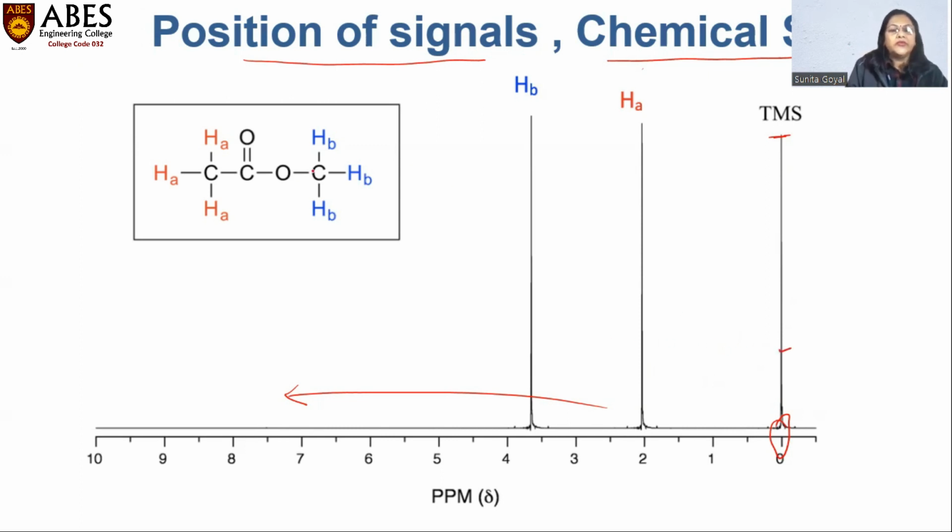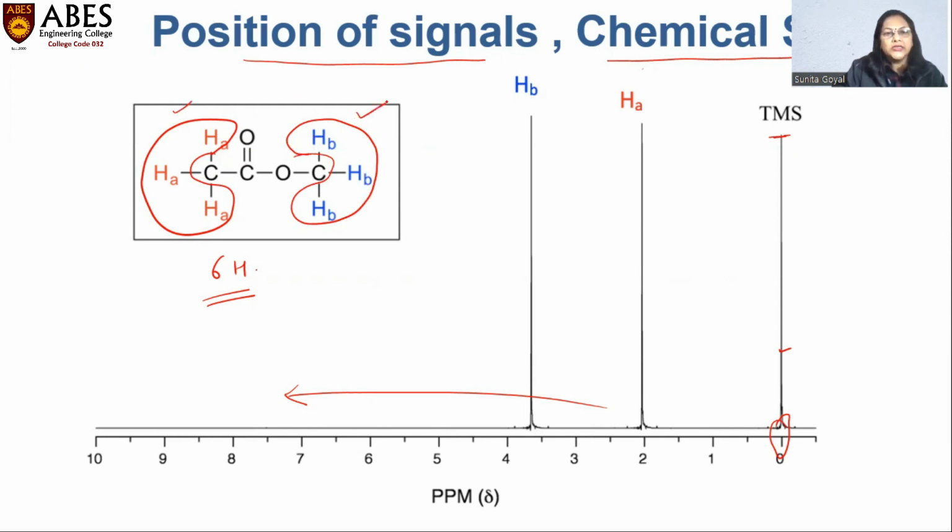Here we can see there is a molecule containing 6 protons, and these 6 protons are in 2 sets. This is one set of 3 protons, a methyl group, and this is another set of 3 protons, a methyl group. These 3 protons are different from these 3 protons because in the center there is an ester group, COO.